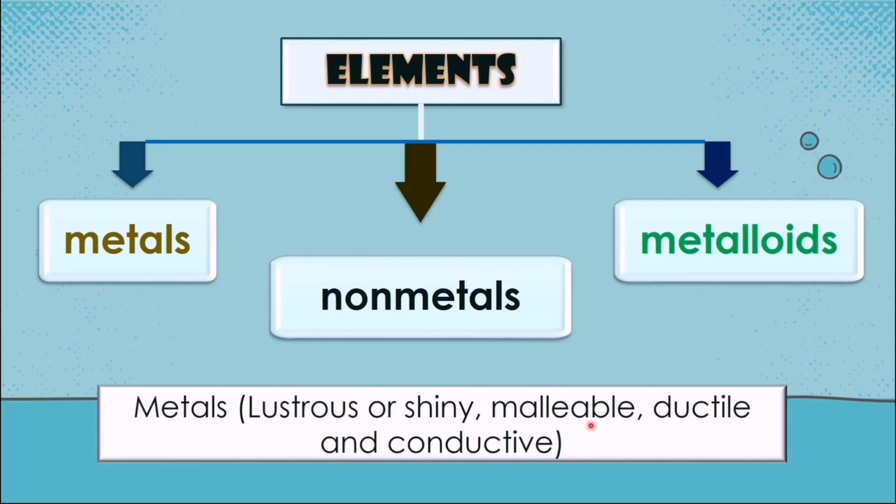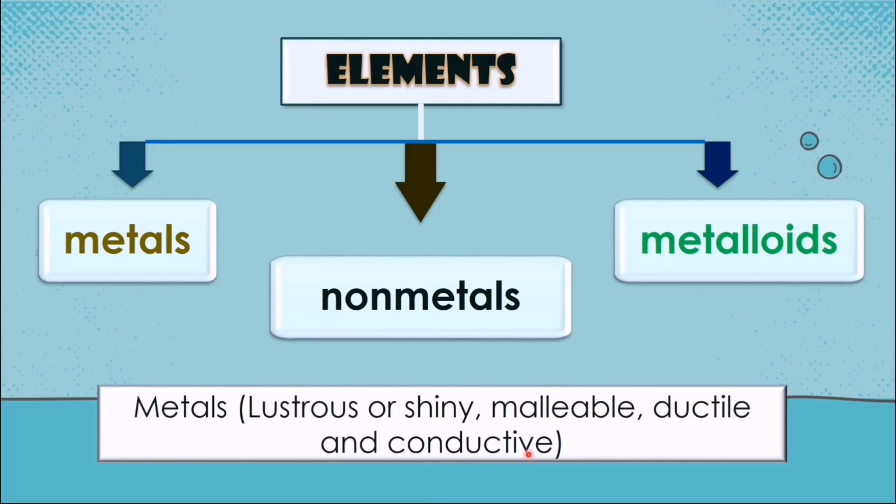For example, aluminum sheet. Next is ductile. Ductile means it can be formed into wires. For example, copper. It is made into wire. Next is conductive. It can conduct electricity. That is where the energy travels to light our lamps.